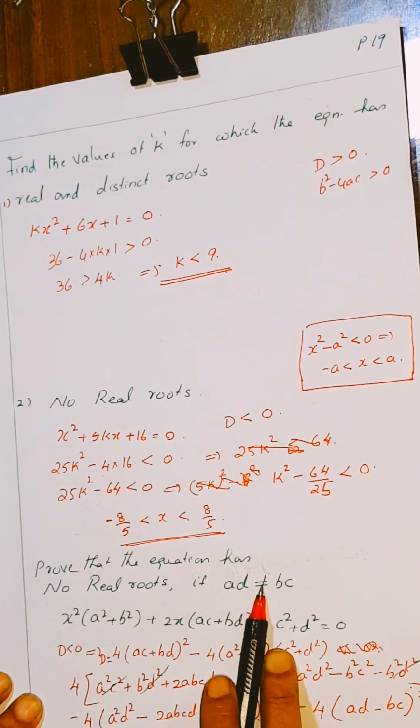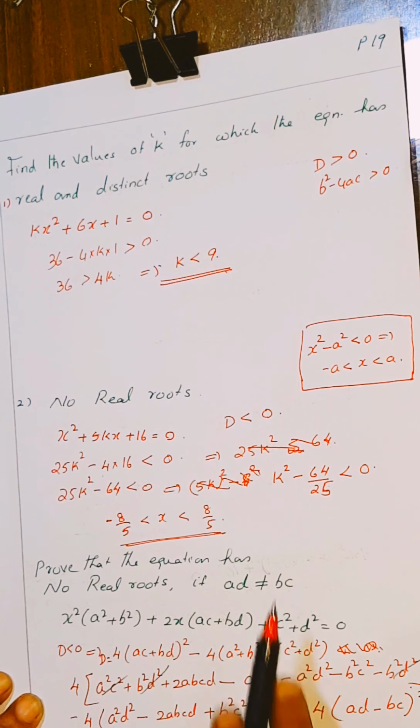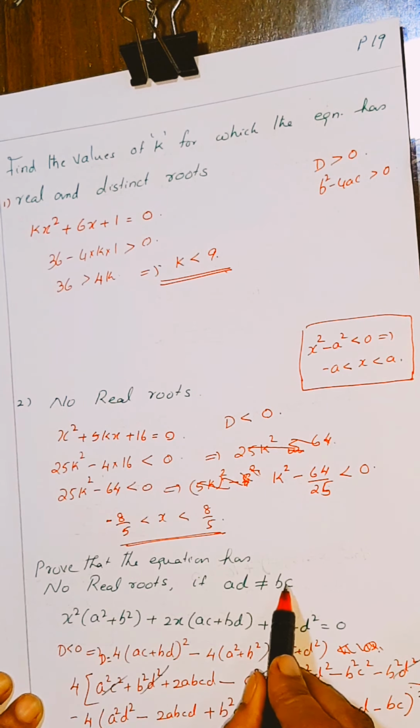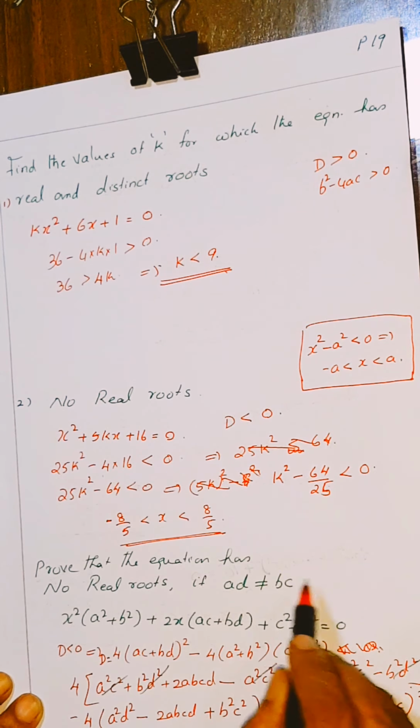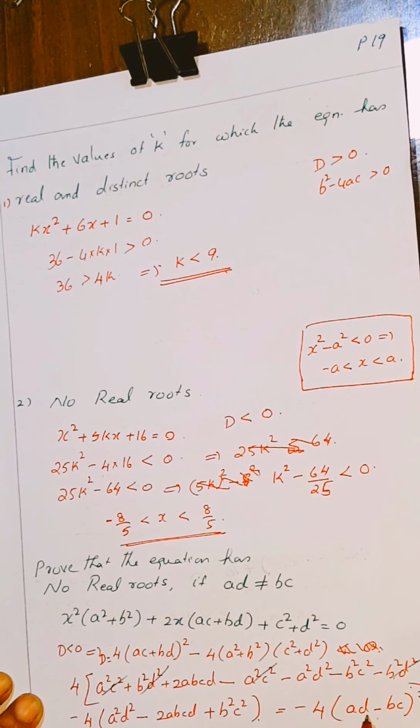So now ad is not equal to bc, so this does not become 0. AD not equal to BC means AD minus BC not equal to 0. So this is positive. So this is equal to minus 4 into a positive.